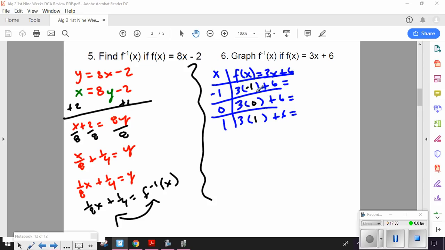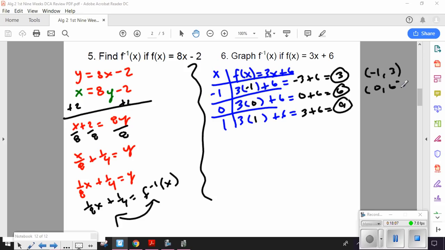Alrighty, 3 times -1 is -3, plus 6 is positive 3. 3 times 0 is 0. 0 plus 6 is 6. 3 times 1 is 3, plus 6 is 9. So the ordered pairs would be -1, 3, 0, 6, and 1, 9.